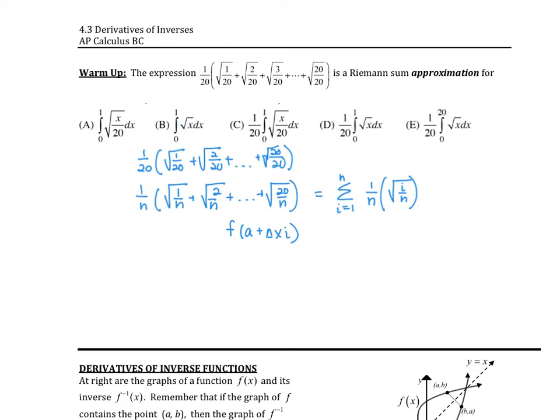And when we look at it this way, my a term in this case would be 0, and my delta x term, my change in x term, would be 1 over n. And so I can rewrite this to be the function evaluated at 0 plus 1 over n times i, or we might say f of i over n.